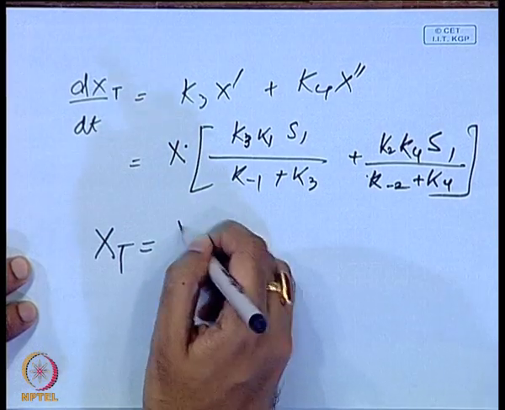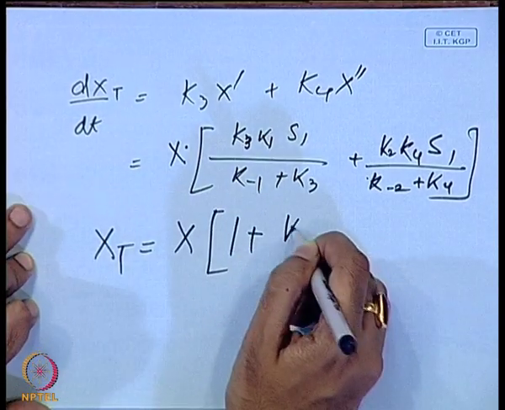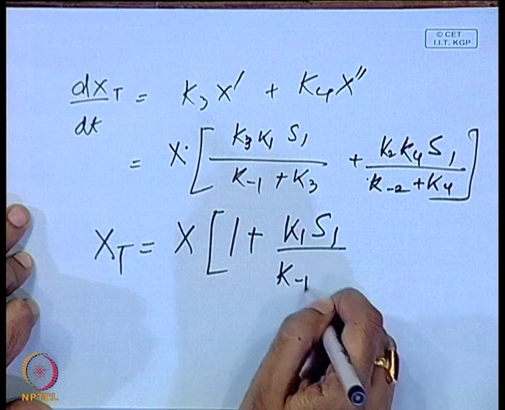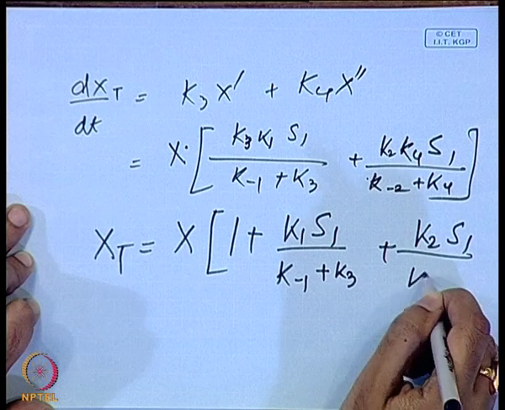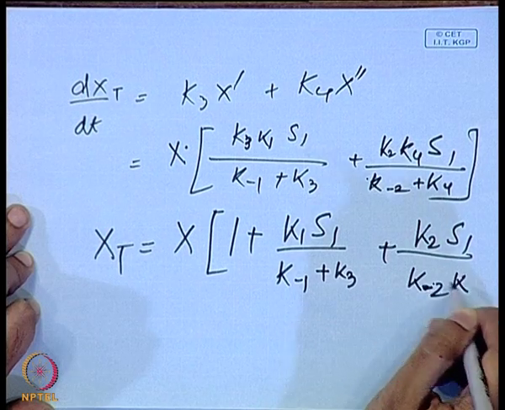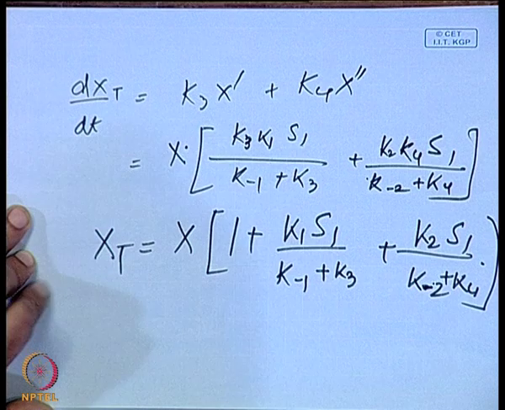So, x t over here is 1 plus k 1 s 1 k minus 1 k 3 plus k 2 s 1 k minus 2 plus k 4. Fine.